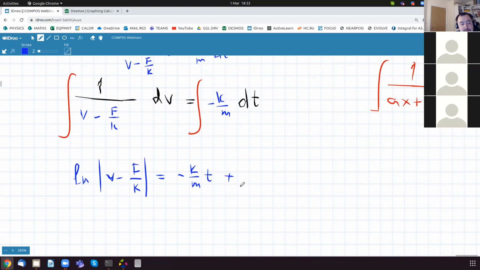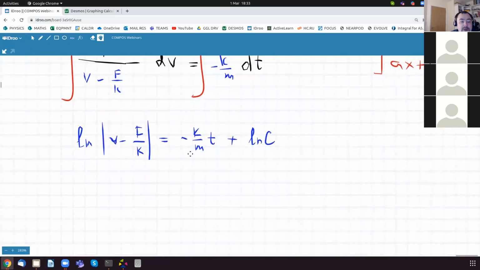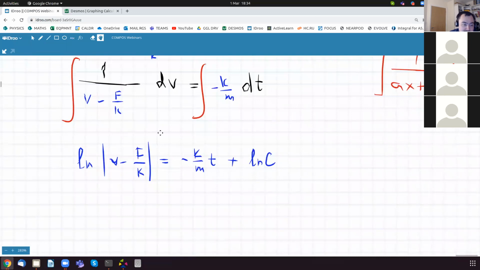Now I have a choice of which constant to use. I don't have to use c always. I can use logarithm c. So instead of the constant, I'm going to use logarithm c, and you will see later why. I'm going to rewrite this in exponential form.